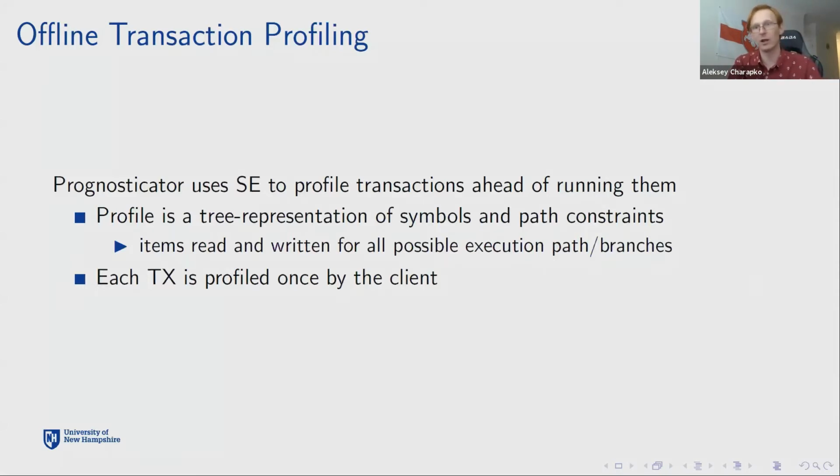This profile will have all the branches that a transaction can possibly take, depending on the transaction inputs or depending on the values it has read from the state. And they use this profile to reconstruct the read and write sets.